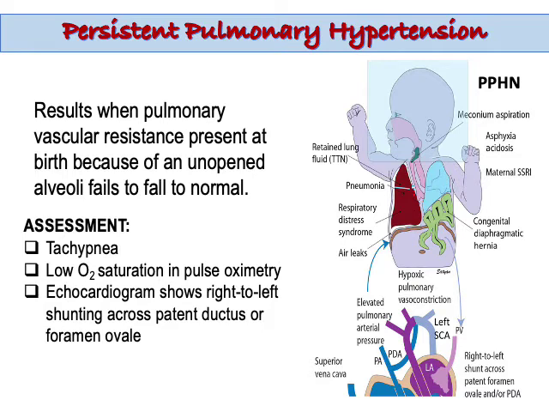As shown in the photo, PPHN may result from many neonatal disorders such as RDS, TTN, meconium aspiration, hernia, and the like. Assessment findings show tachypnea, low oxygen saturations, and echocardiogram shows right-to-left shunting across patent ductus or foramen ovale.